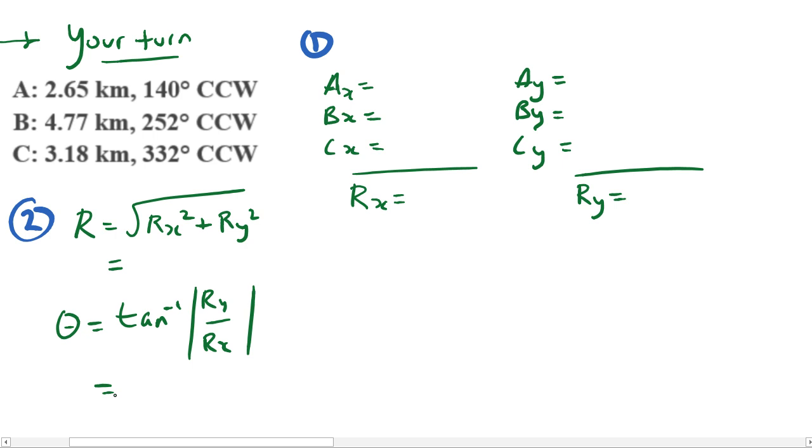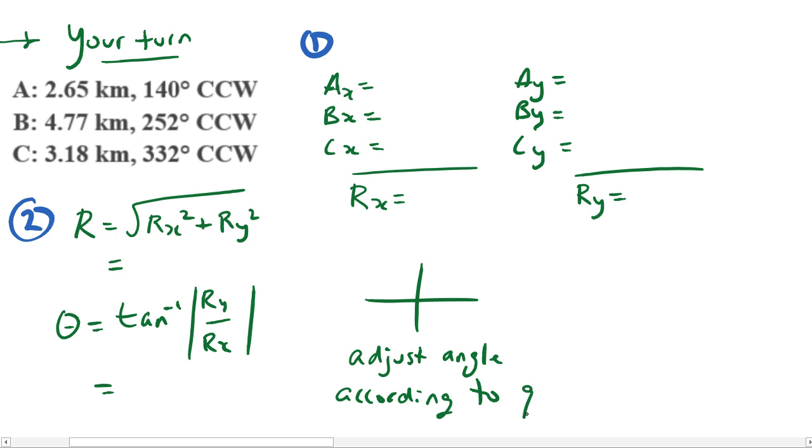Just before we state our answer, we have to look at that Rx and that Ry, see whether they're positive or negative, figure out which quadrant it's in, and then adjust the angle. If it's in quadrant 2, do we go 180 minus theta? If it's in quadrant 3, we go 180 plus theta, and so on. So how could we write this? Adjust angle according to quadrant.